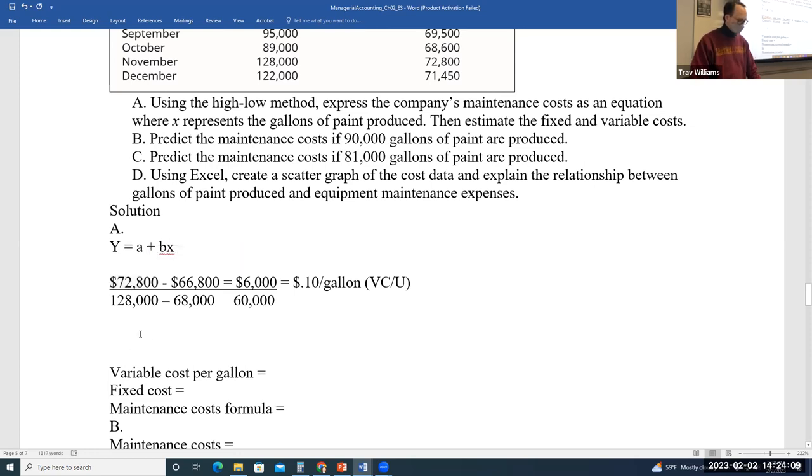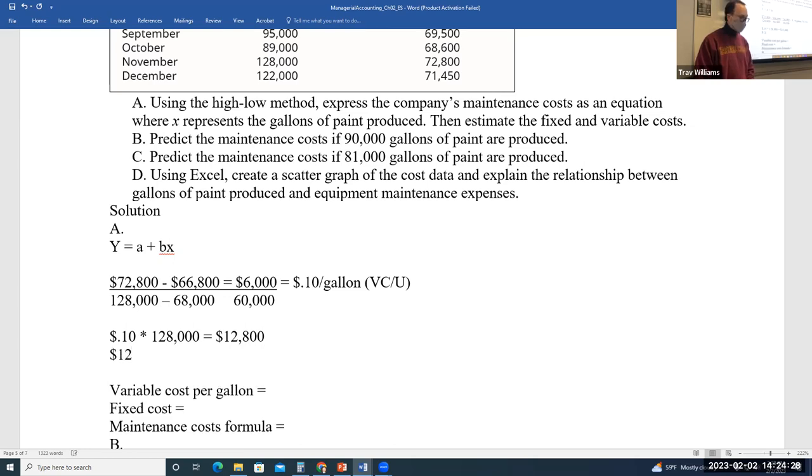Okay, so we'll take 10 cents per gallon times 128,000 gallons equals 12,800. Correct?